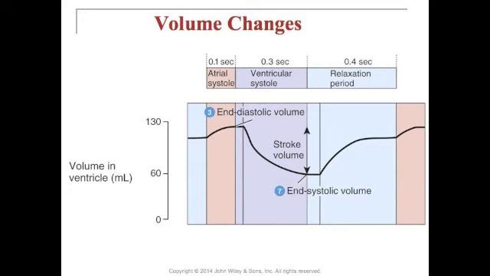The volume ejected per beat from each ventricle equals the end diastolic volume minus the end systolic volume. So that would be SV equals EDV minus ESV. At rest, the stroke volume is about 130 milliliters minus 60 milliliters equals 70 milliliters, a little more than 2 ounces.